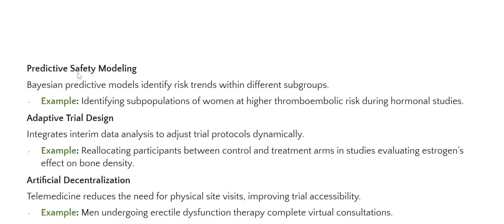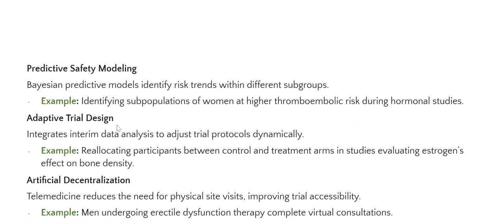Another advanced monitoring technique, predictive safety modeling. Bayesian predictive models identify risk trends within different subgroups, for example, identifying subpopulations of women at higher thromboembolic risk during hormonal studies.